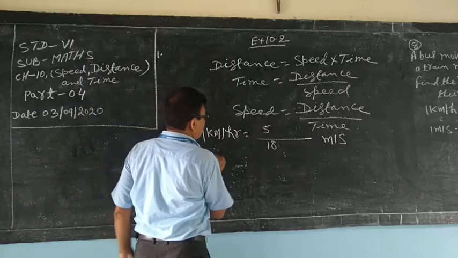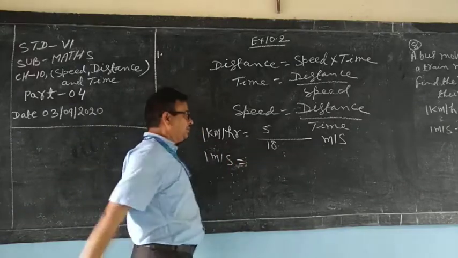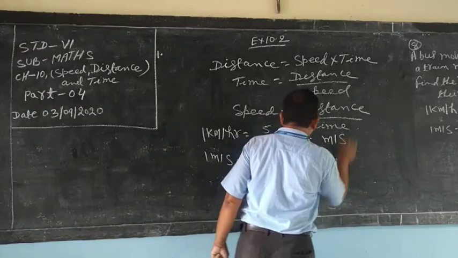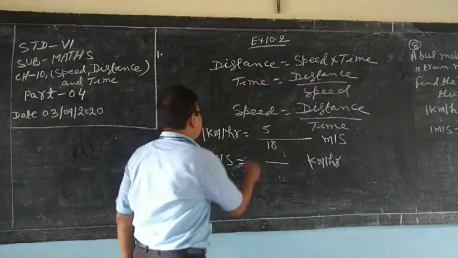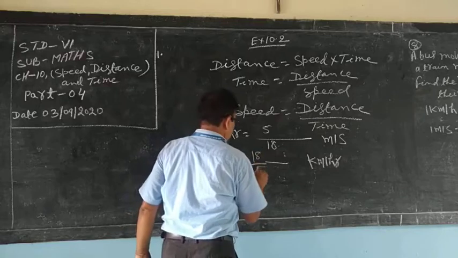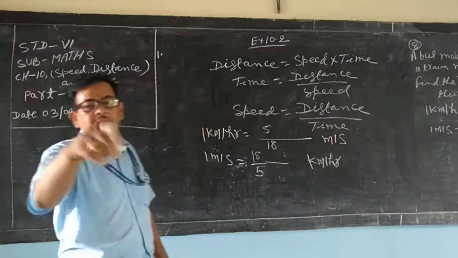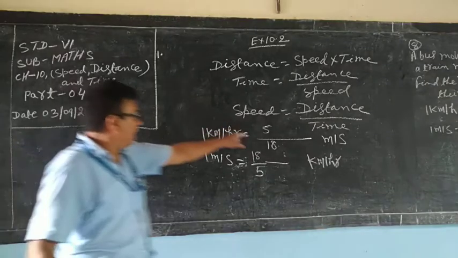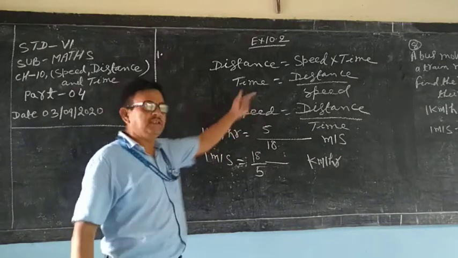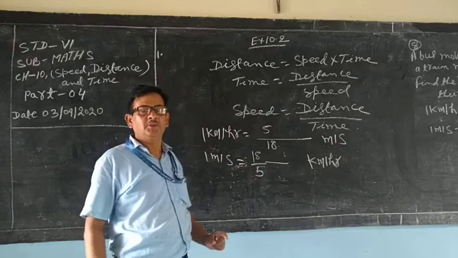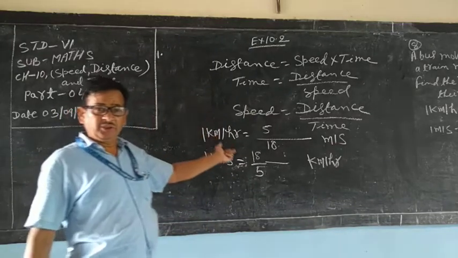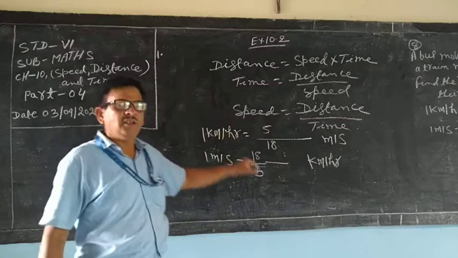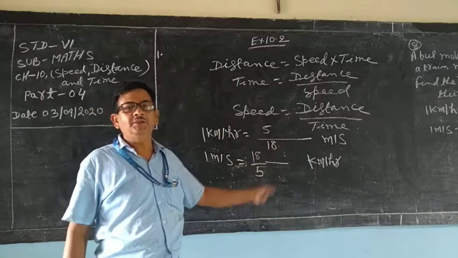Similarly, 1 meter per second is equal to 18 by 5 kilometer per hour. In video part 2, I have explained how this 5 by 18 and 18 by 5 came. Kilometer changes into meter or centimeter, hour into minute, minute into second.